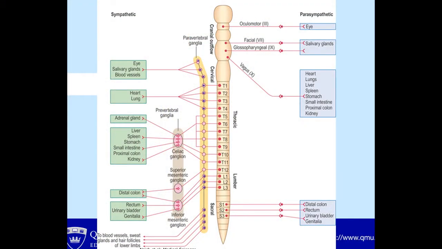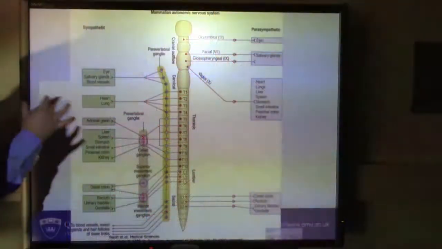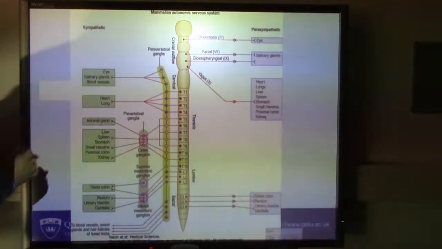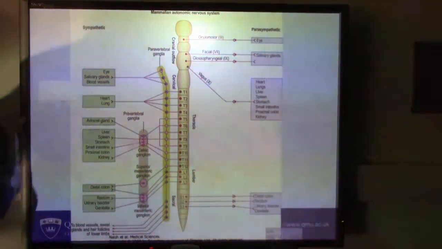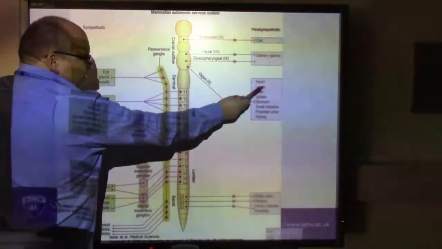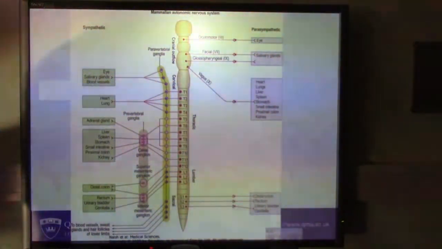Looking at this diagram though, what we've got is all of the neurons coming off the spinal cord and feeding out to the body. On one side we've got all the neurons that are feeding into the sympathetic pathways. So, just to do a quick comparison of the two, you have sympathetic input to the heart and the lung, and you've also got parasympathetic input to the heart and the lung.